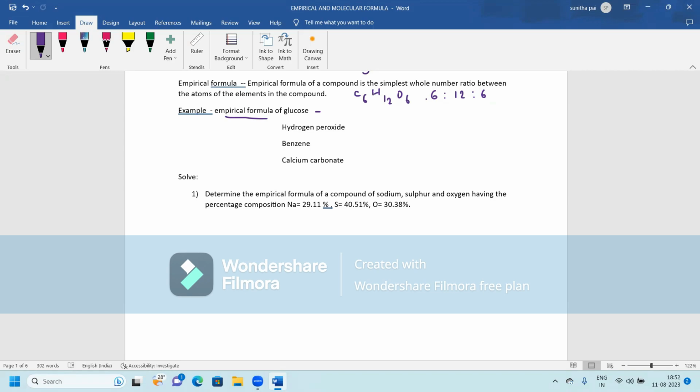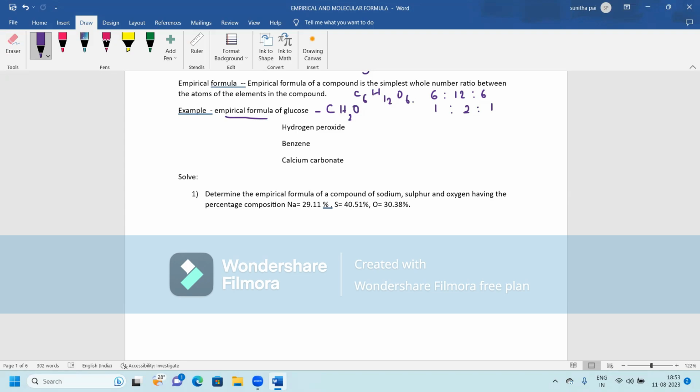So, when you divide all the numbers by 6, you get the ratio 1:2:1, which is the simplest possible whole number ratio. Therefore, empirical formula of glucose is CH2O.